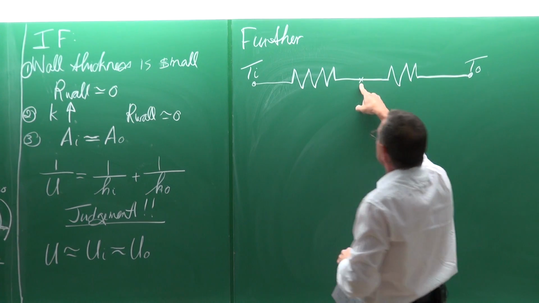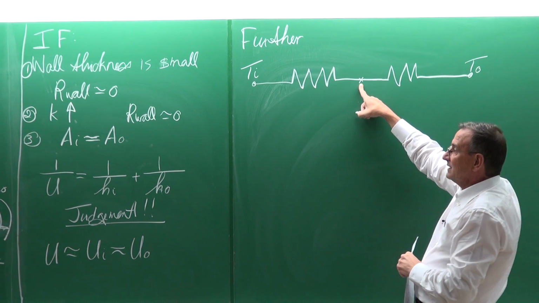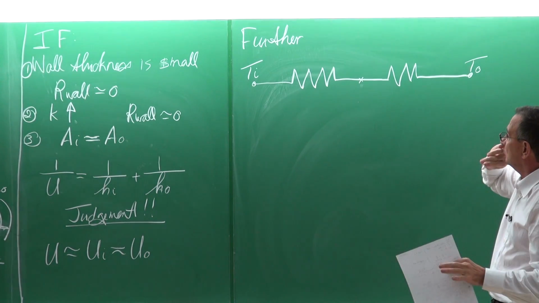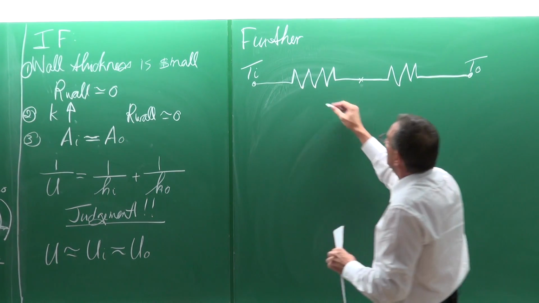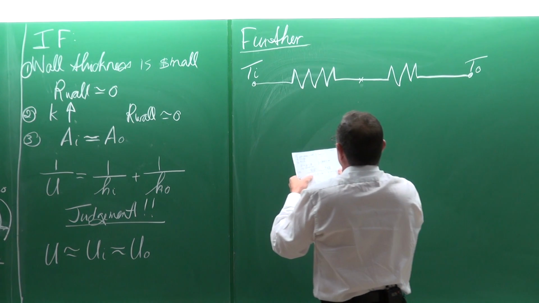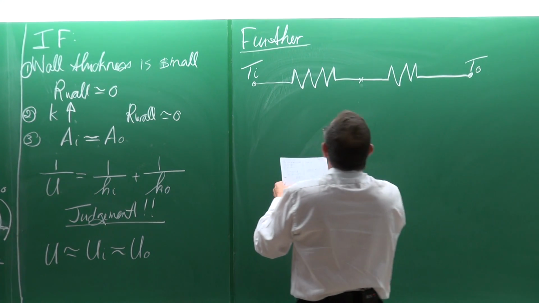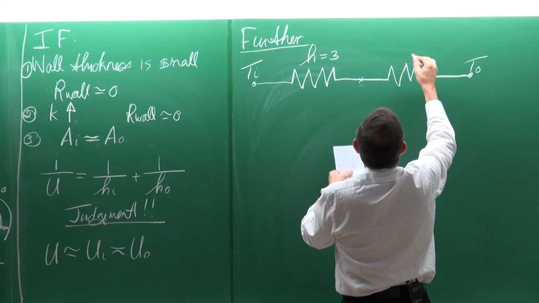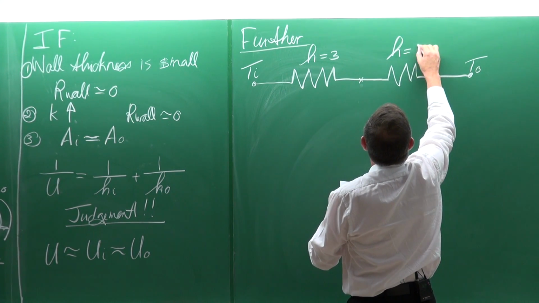Okay, there should be the resistance of the wall, but we've said it is very small, it is negligible. So what we normally have in many cases, not always, is typically, let's suppose this heat transfer coefficient is equal to 3 and this heat transfer coefficient is equal to 1,000.